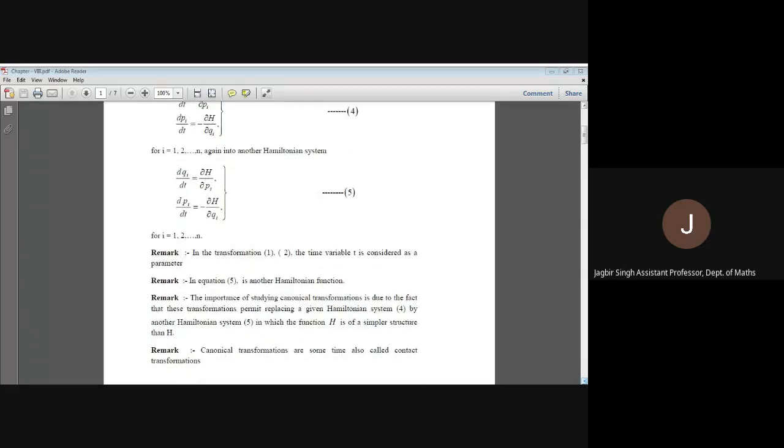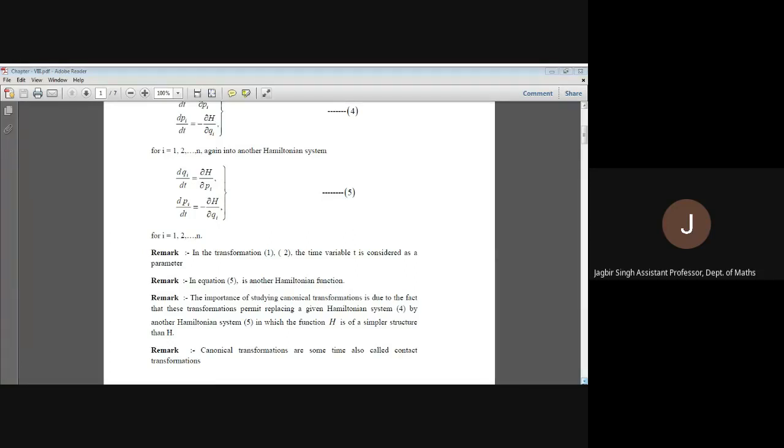Okay, in these remarks it is discussed why these transformations are important, because many times we will find that the system of equations is not so easy to solve.